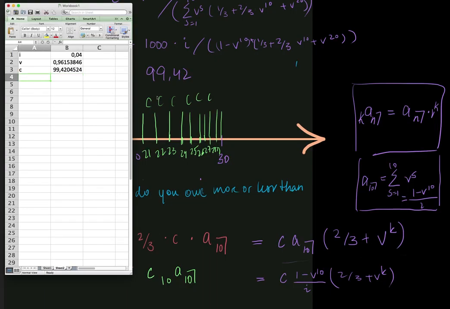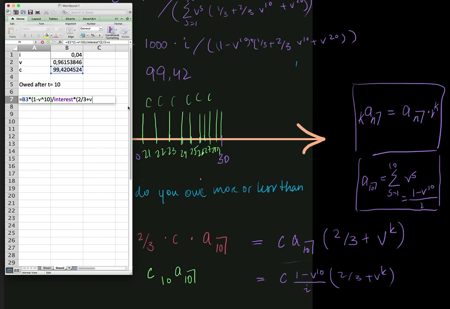Now we go into trusty Excel and try to figure out what this number is. So this is equal to the value of C multiplied by 1 minus V to the 10 divided by the interest, and then multiplied by 2/3 plus V to the K. And what my K is in this case is 10, right?